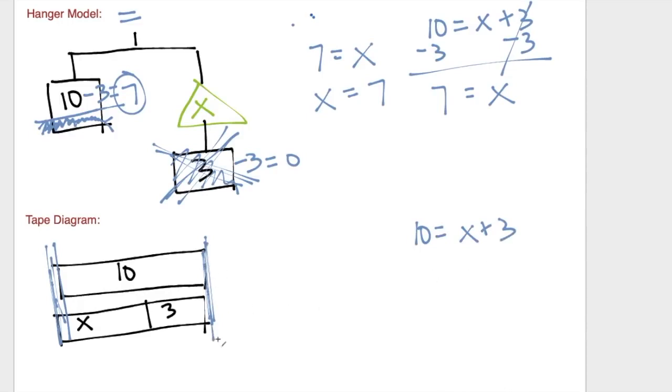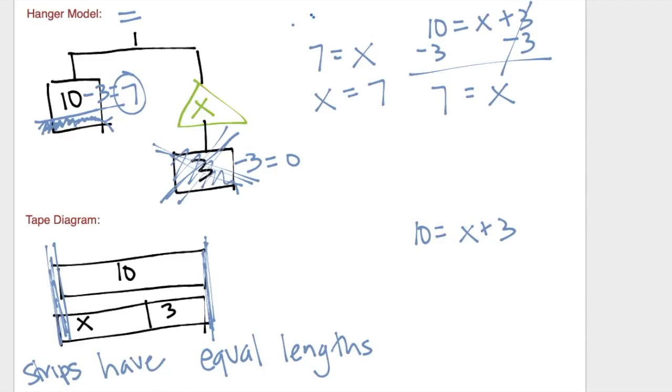So it's the length here that shows that they're equal. So the strips have equal lengths. That's what's a little bit different about the tape diagram. It doesn't have the balance thing that we were talking about before with our hanger and our scale. It's just talking about length.